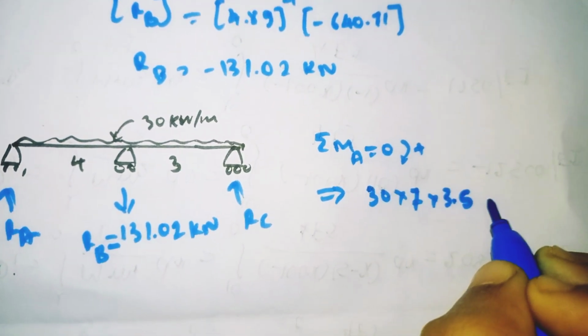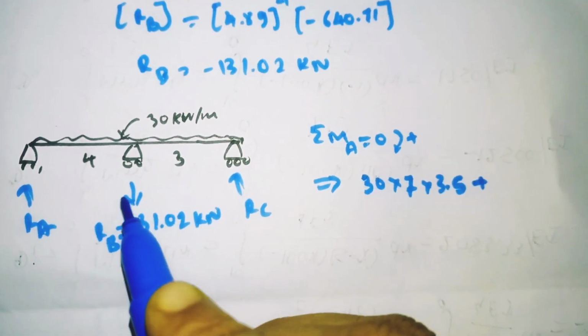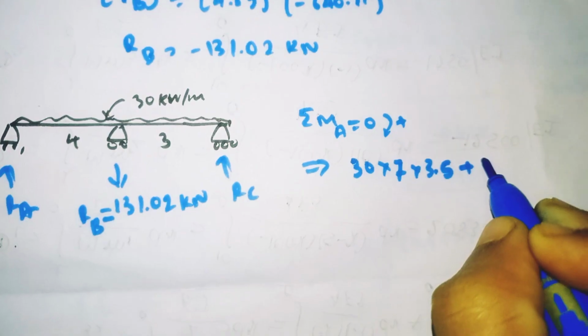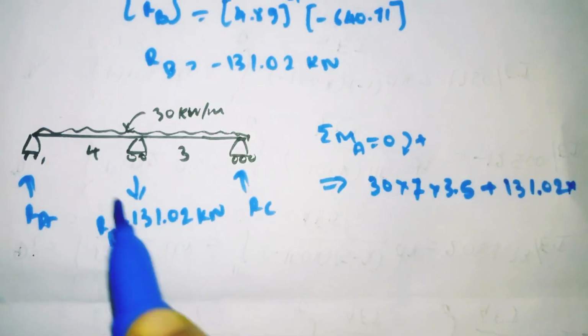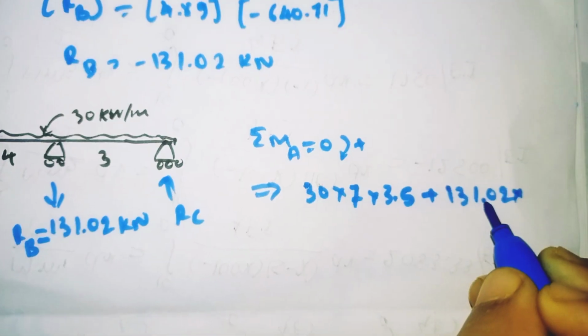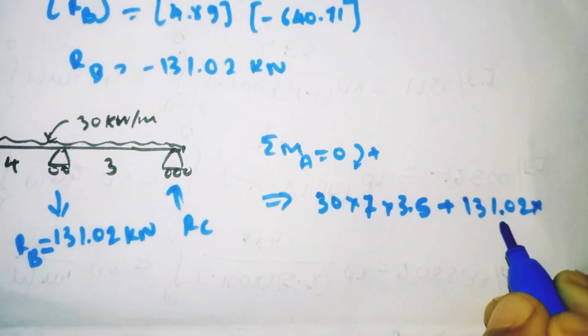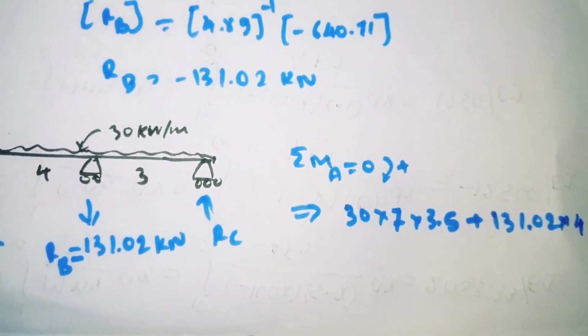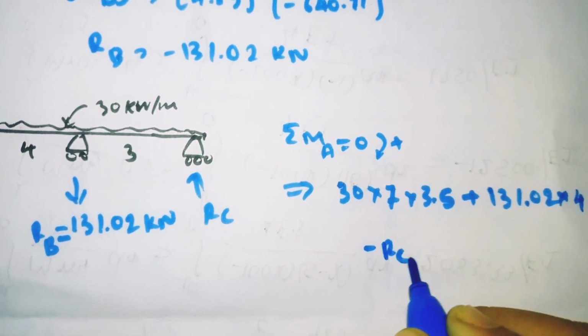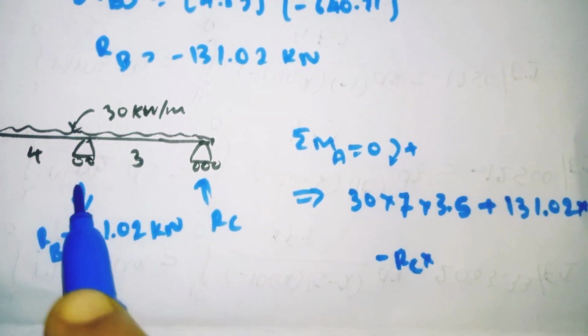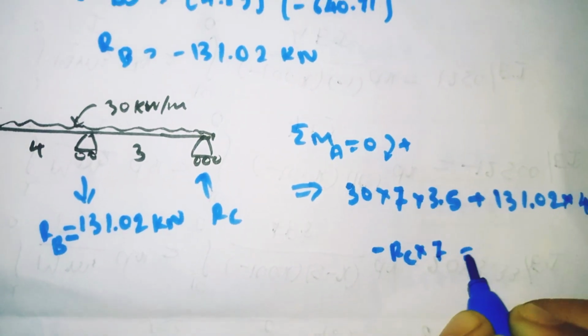3.5. And plus RB is acting, it is also moving clockwise. We need to take the positive. 131.02 at a distance from here to here is 4. 131.02 into 4, minus, it is rotating anti-clockwise, so minus RC into at a distance from here to here is 7, equal to 0.